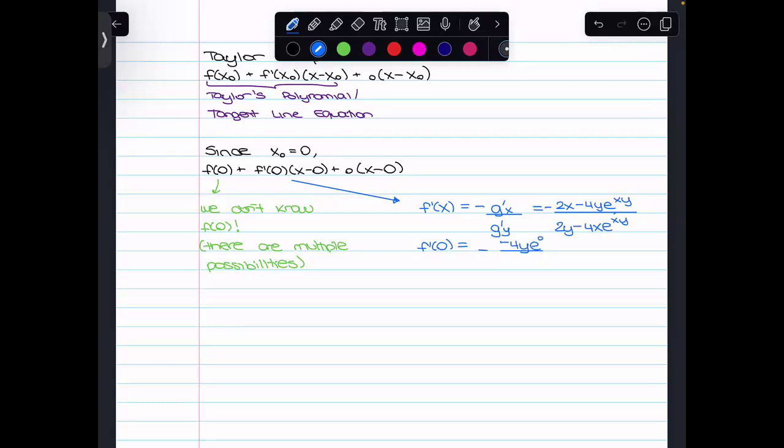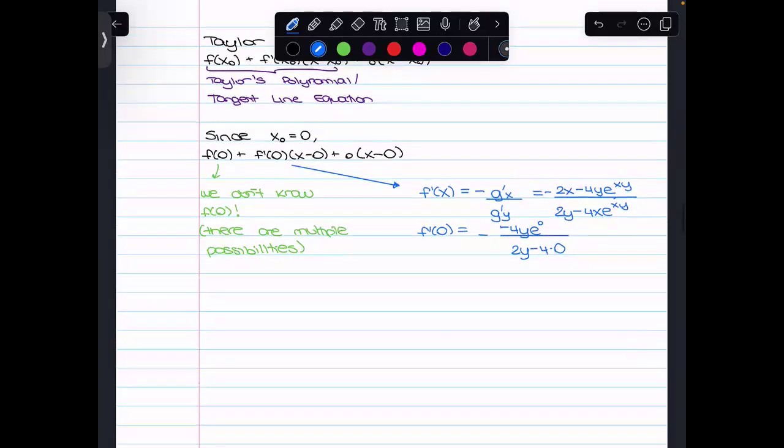And then for the bottom, we're just going to get 2y, because the second part is going to be 4 times 0. So even though we technically don't know y, it ends up canceling out. So we should get in the top 4y e to the 1, in the bottom just 2y, and then we're just going to end up with 2.